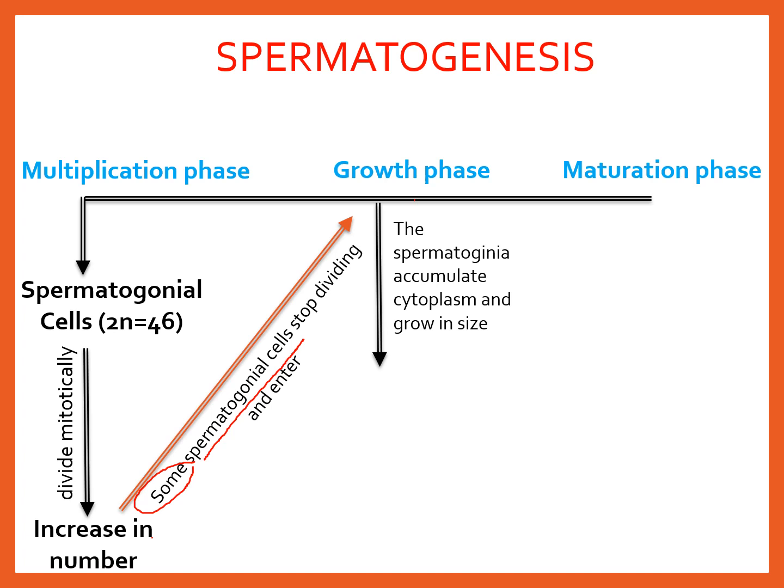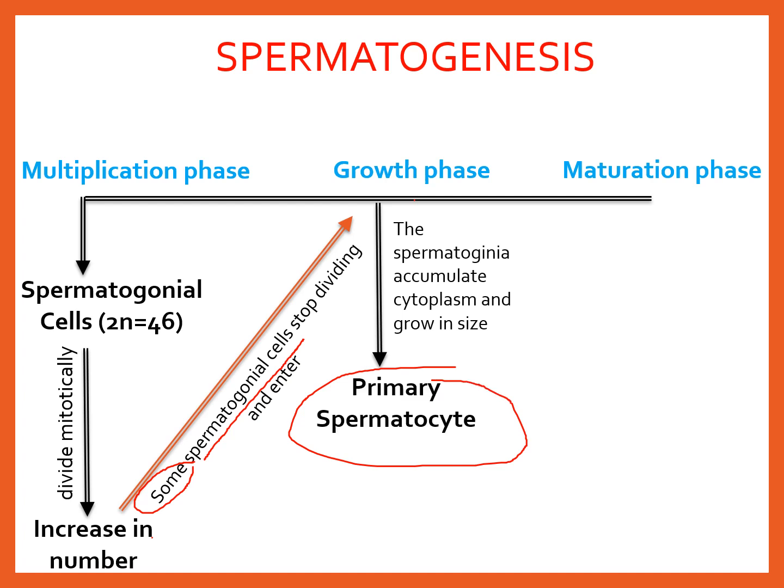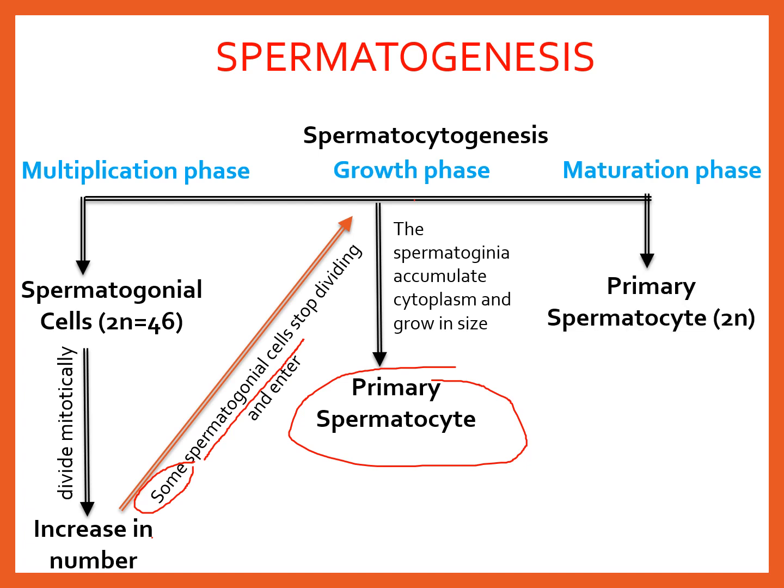After the spermatogonial cell grows, it is then called a primary spermatocyte. Since the primary spermatocyte is formed in the growth phase, this phase is also called spermatocytogenesis, that is formation of spermatocyte.